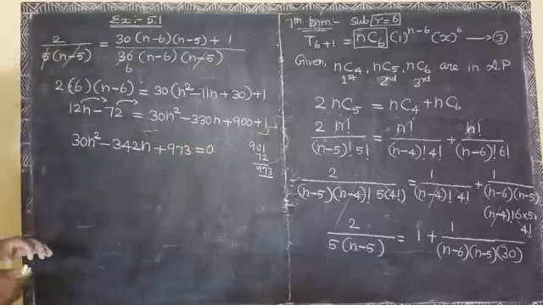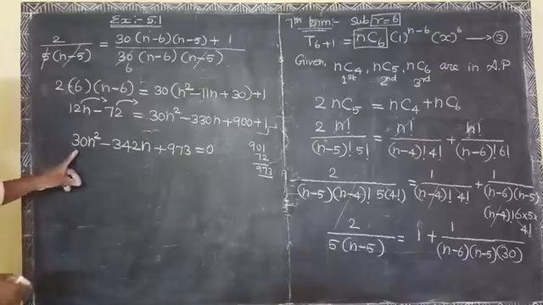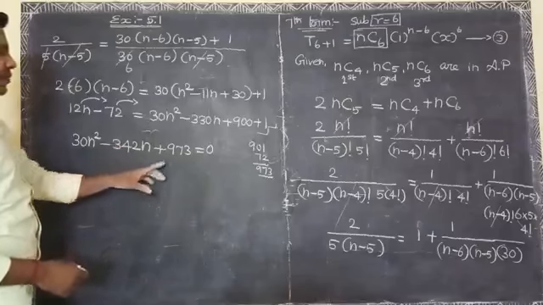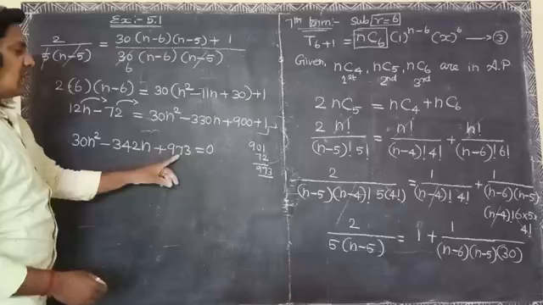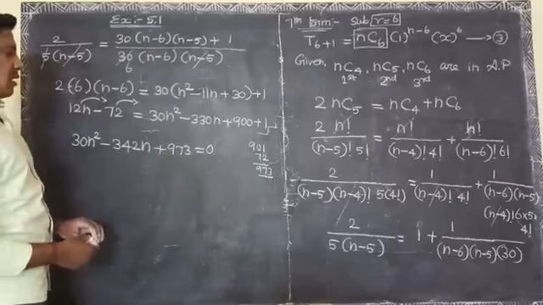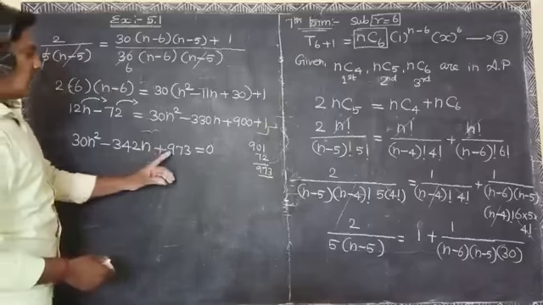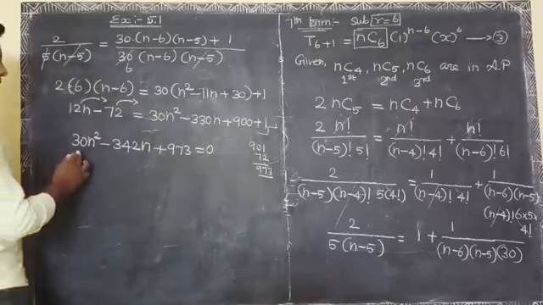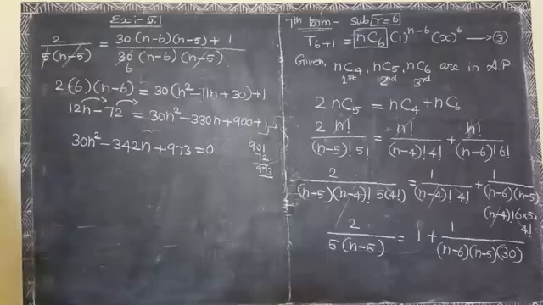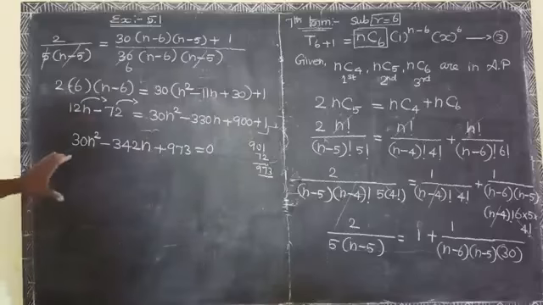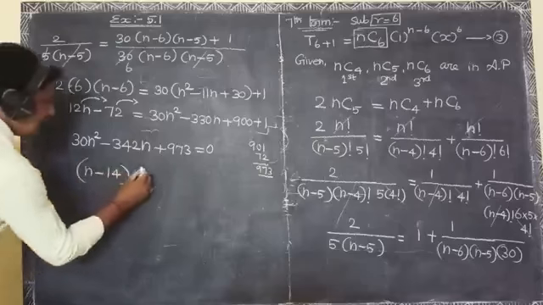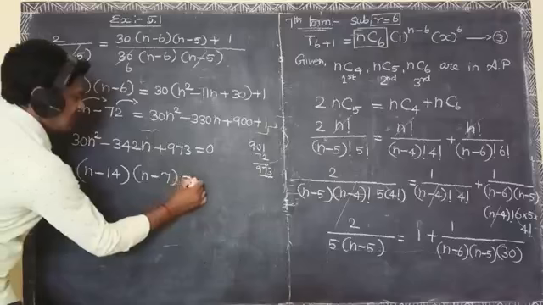This is a multiple of 3, this is also a multiple of 3. Simplifying, we get the factors n minus 14 into n minus 7 equal to 0.